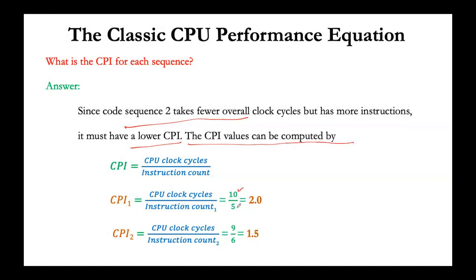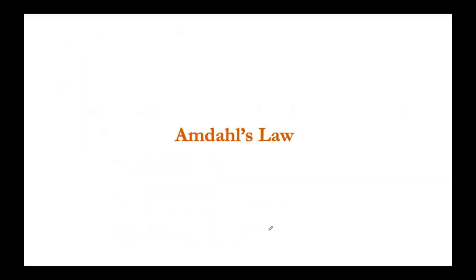For code 2, it takes 9 clock cycles to execute 6 instructions, so it is 1.5. So this is the CPI for each sequence: for code 1 it is 2, for code 2 it is 1.5.